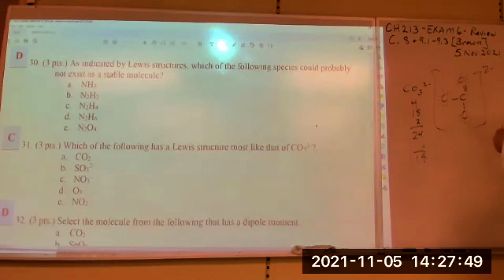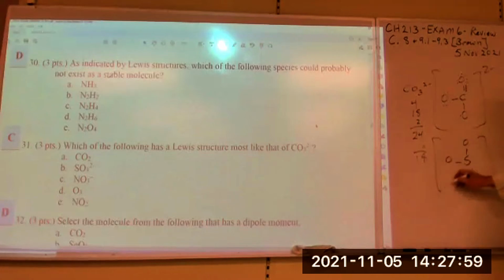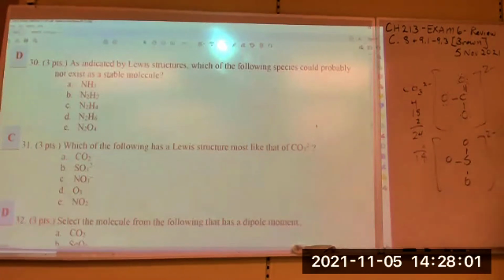SO3 2 minus. SO3 2 minus. Oops. So sulfur, actually it's the same number, isn't it? Sulfur is the same as oxygen.